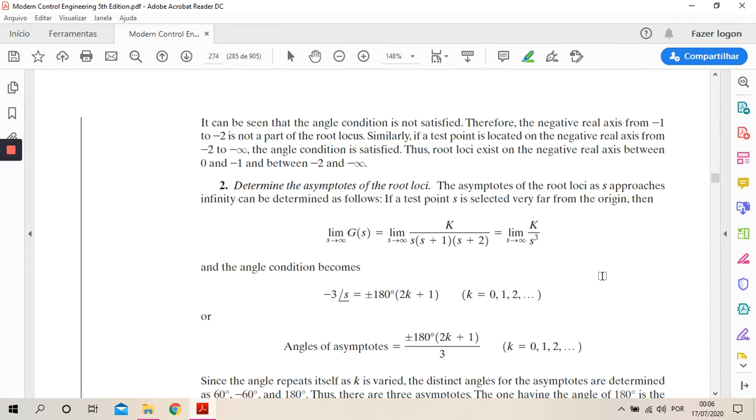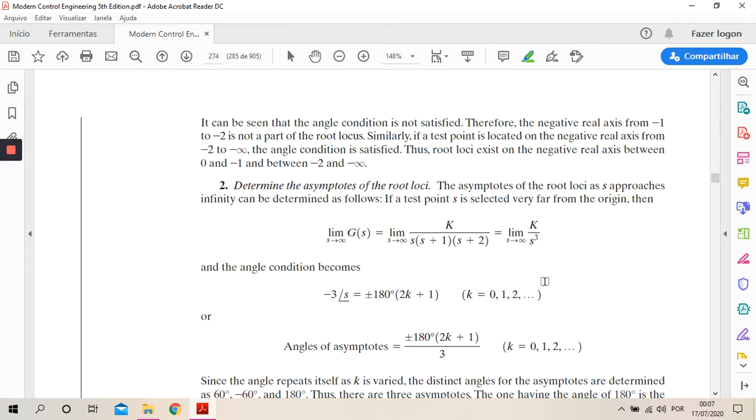So root loci exist on the negative real axis between 0 and negative 1 and between negative 2 and negative infinity. Now that we know this, we can move ahead and try to learn more about how to plot the root locus for this example.